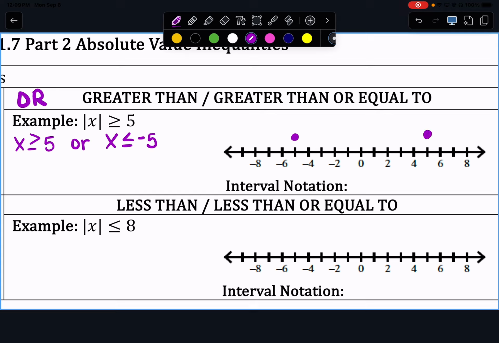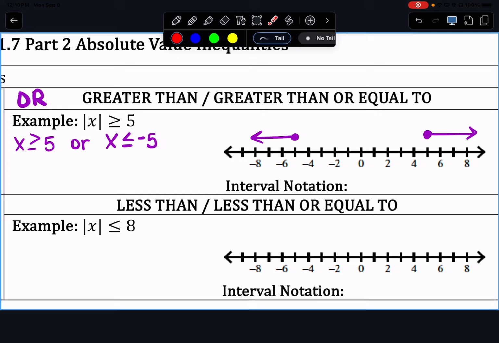Whenever I graph an "or" inequality, do the ends of my graph go together or do the ends go apart? Apart. So that is what our graph should look like. And looking at this graph actually helps us figure out why we have to flip this sign. Whenever we're talking about the absolute value, we're talking about the distance from 0.